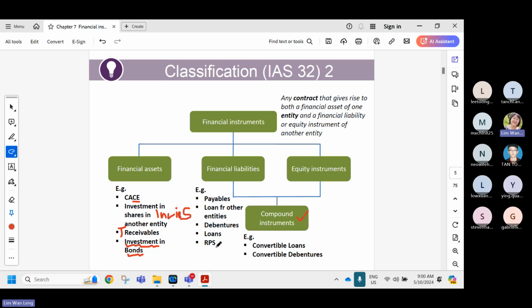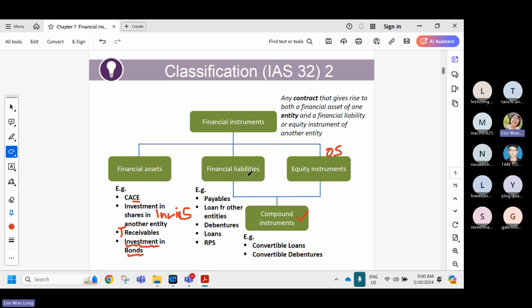Redeemable preference shares, as we know, are classified under NCL, non-current liabilities. So it is part of your liabilities as well. Of course, equity instrument usually will be the ordinary shares that you have issued out.